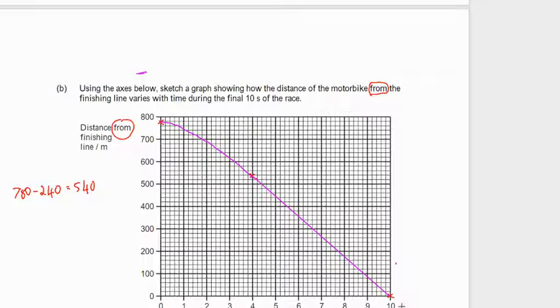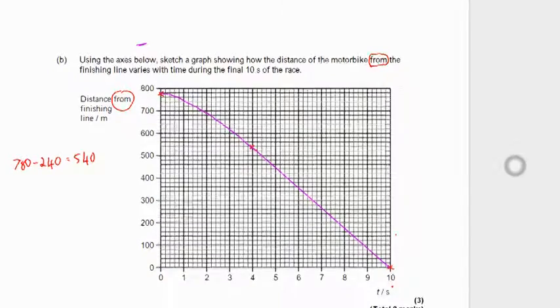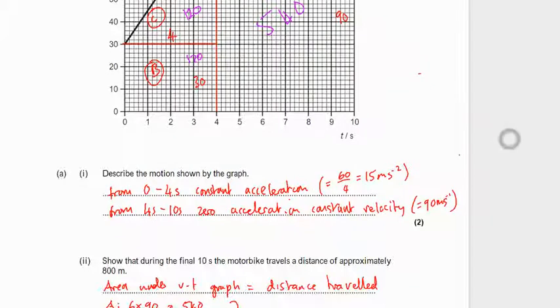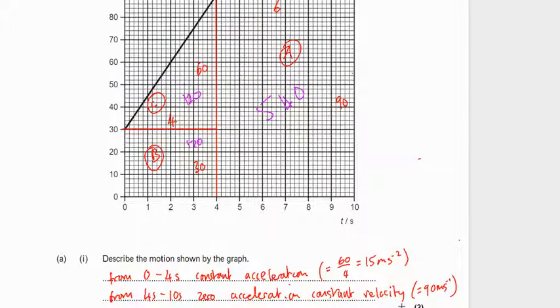So 10 seconds to go, we are 780 meters from the finishing line. And then at 10 seconds, we're at the finishing line. Here we know that in the first 4 seconds, the distance traveled is 120 plus 120, which is 240 meters.